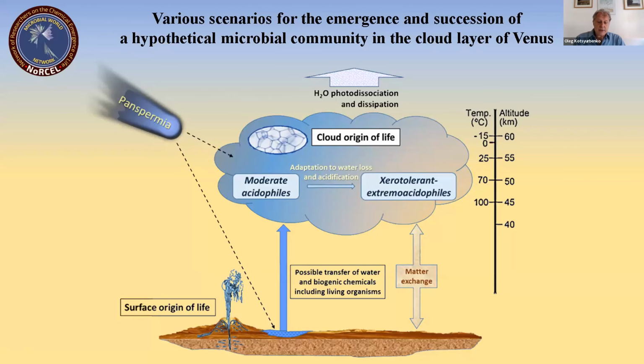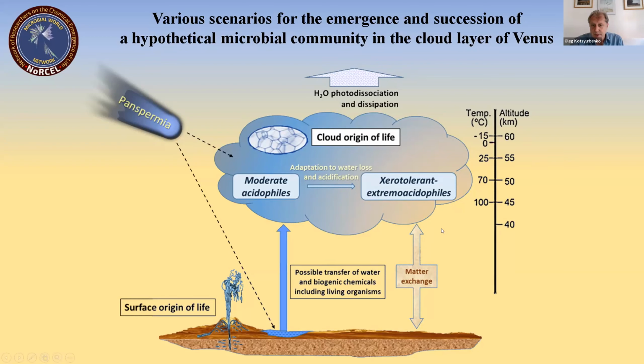So this diagram summarizes all the concepts of the origin of life on Venus and shows the succession of an initially acid-tolerant microbial community into a xerotolerant and extremely acidophilic community.